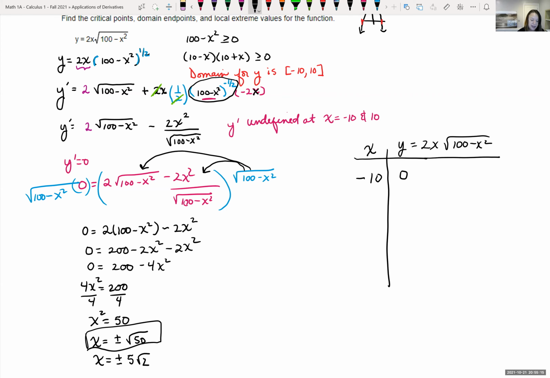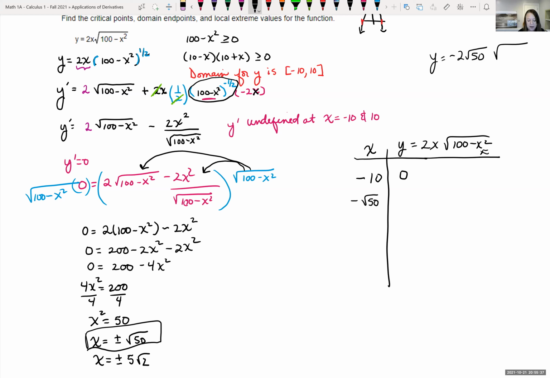If we plug in -5 root 2, I'm going to do it as -root 50. Y equals -2 root 50 times the square root of 100 minus 50, since -root 50 squared is positive 50.